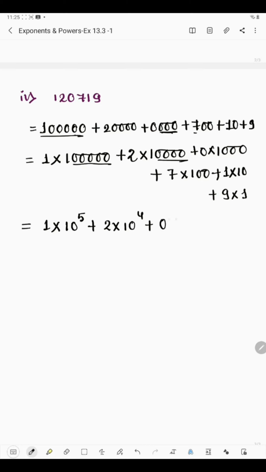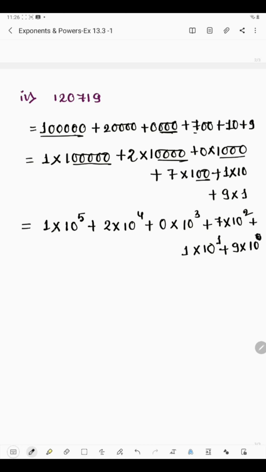Then we have 0 multiplied by 3 zeros, so 10 to the power 3. Then we have 7 multiplied by 100, so 2 zeros, so 10 to the power 2, plus 1 into 10 to the power 1. And finally 9 multiplied by, in place of 1 we will write 10 to the power 0.